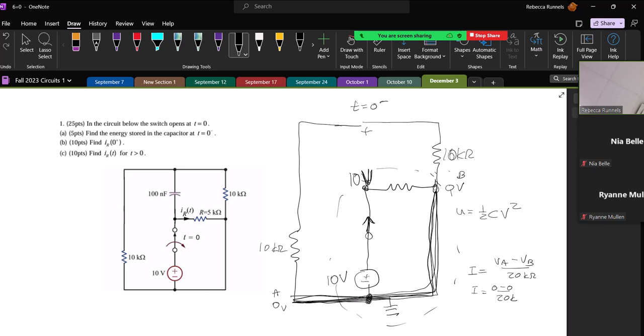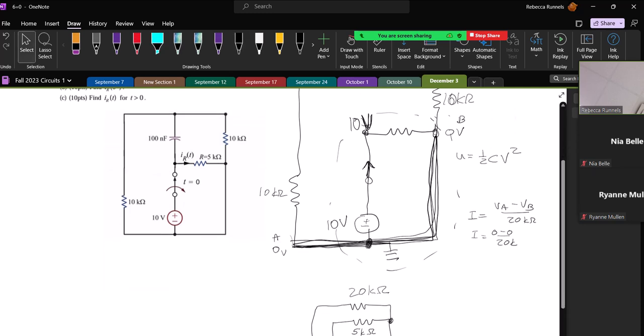And so there is no current flowing on this branch. So I've got 0 volts here, 0 volts here, and there's no current flowing, so I also have 0 volts here. And so my voltage difference from one side of the capacitor to the other is 10 volts. So VC at 0 minus is 10 volts.